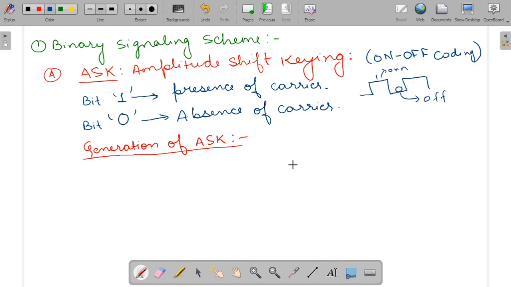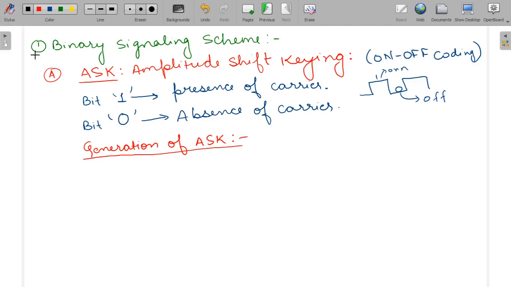So this is our ASK. Now how do we generate the ASK signal? Let's suppose the message signal m(t) is given in bit form like 101001. It is given to the product modulator.